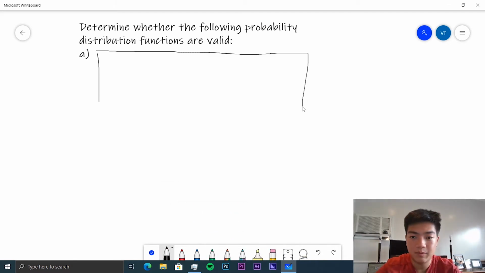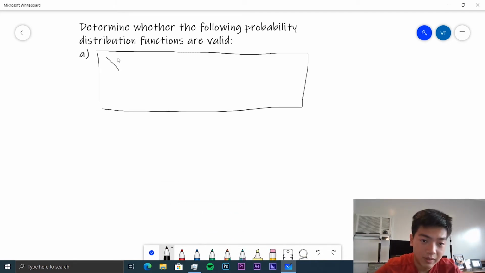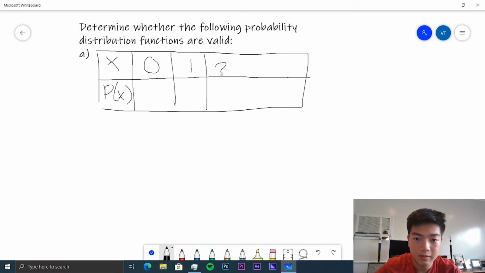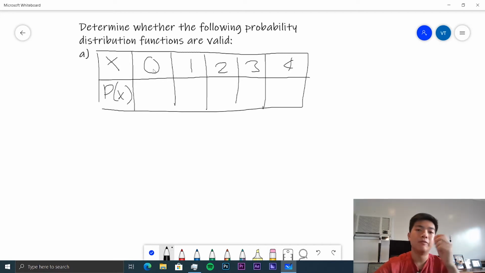We have the value of the variable and the probability that we get that value. We have the values 0, 1, 2, 3, and 4. As you can see, because these are actual values and not ranges, this is a discrete variable.